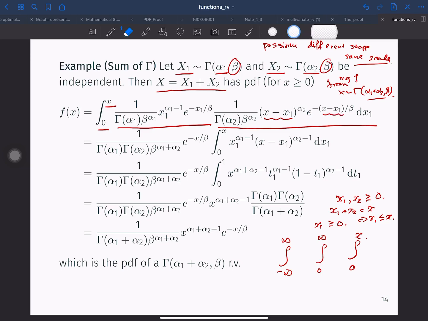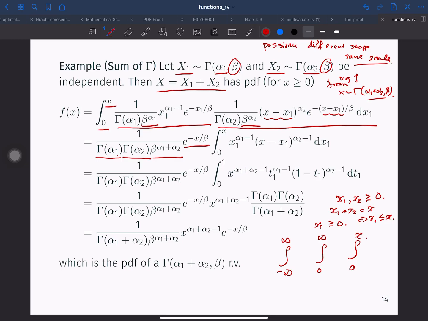And so we could move out quantities that don't depend on x1, such as gamma alpha 1, gamma alpha 2, and the constants beta to the alpha 1 and beta to the alpha 2, outside, and the exponential, this is exponential of minus x divided by beta.